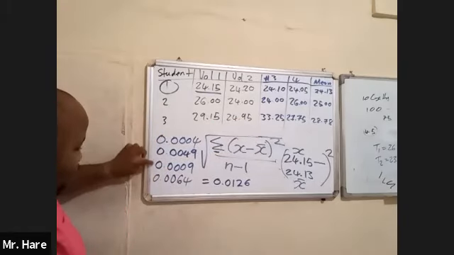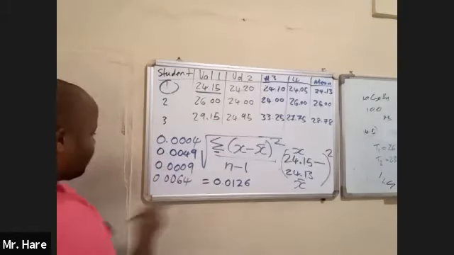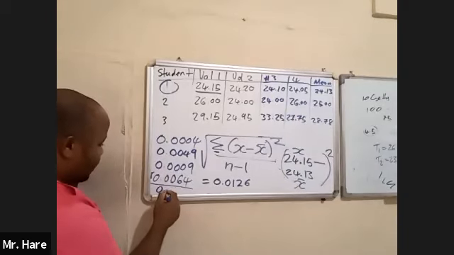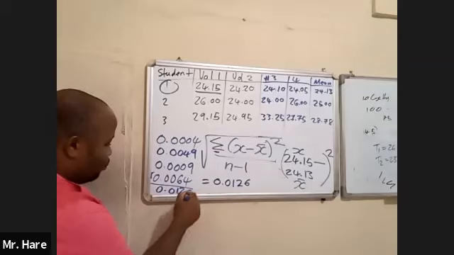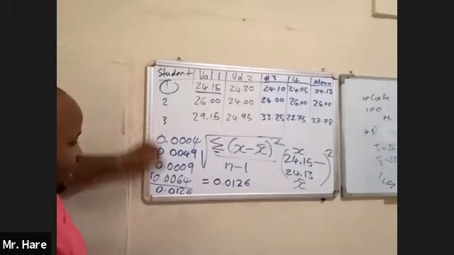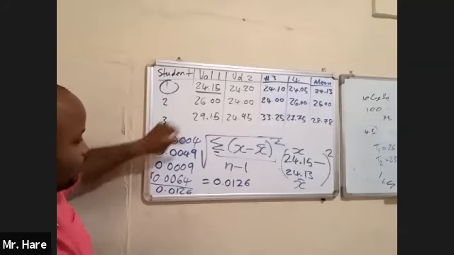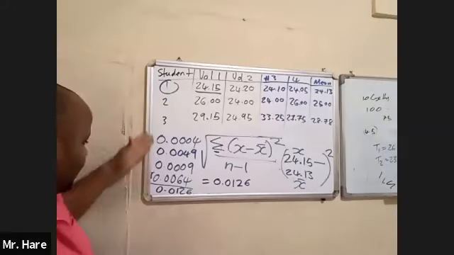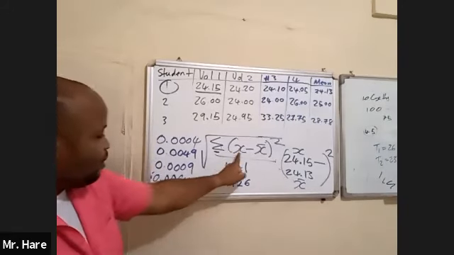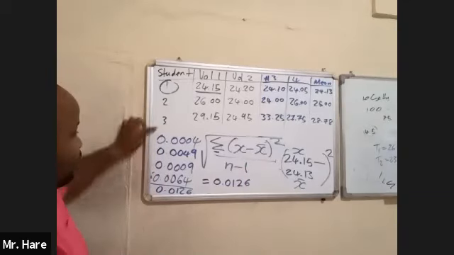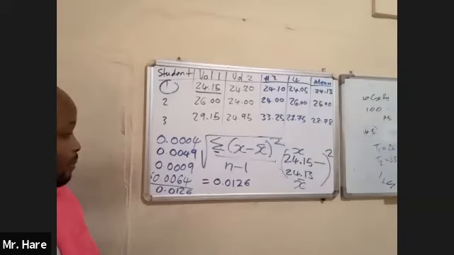So we have our 4 answers, so we are adding them up. All right, and so we get 0.0126. So you see on this side of the board, this is what the sum of x minus x bar squared means. You work out x minus x bar for each of them, then you add them up.